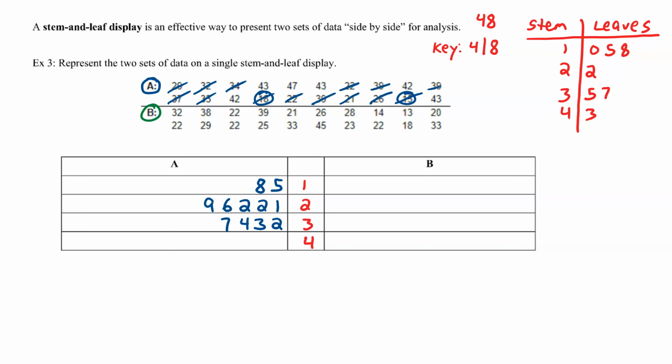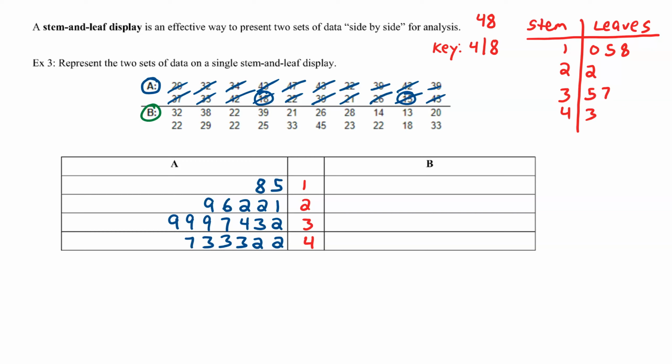So 3 9s. And then in the 40s, we have 42, another 42, 43 shows up 1, 2, 3 times, and then 47.